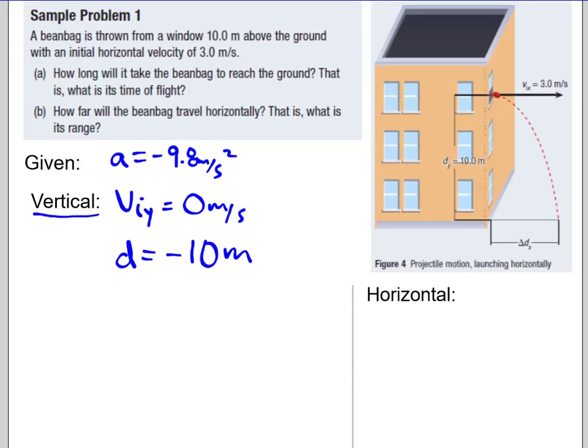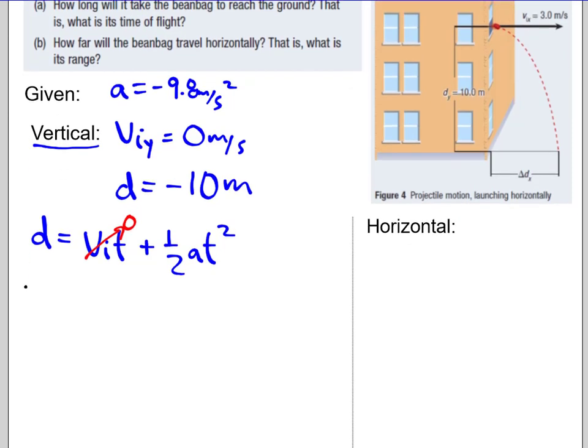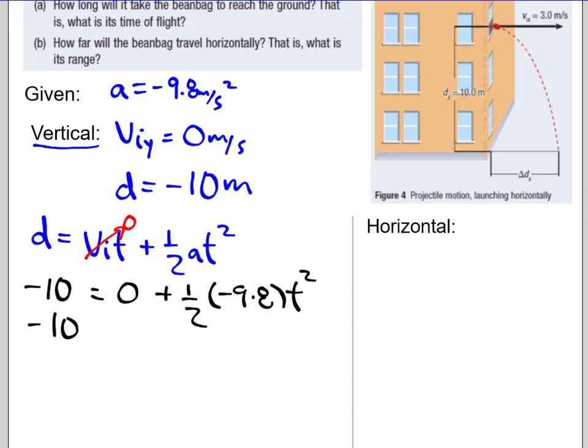Now we need to use a kinematic equation because I have accelerated motion, and we want to figure out the flight time. So I'm going to choose kinematic equation number 3. I'm choosing that because it has the nice benefit of the initial velocity going to 0, so this gets really easy quickly. So now we have negative 10 meters equals 0 plus 1/2 times negative 9.8 t squared. So negative 10 equals negative 4.9 t squared.